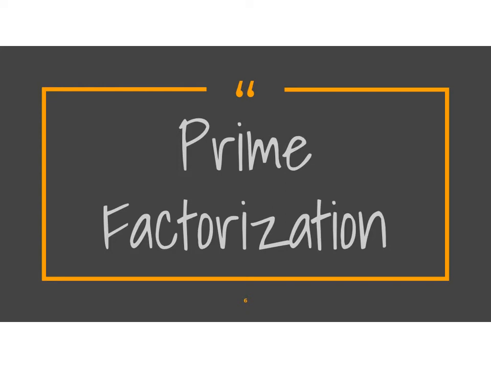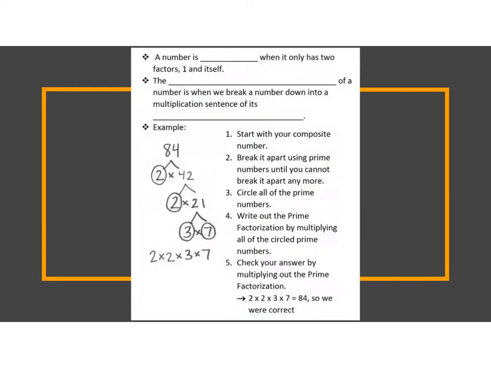Now that we've reviewed prime and composite numbers, let's learn about prime factorization. We know a number is prime when it only has 2 factors, 1 and itself.